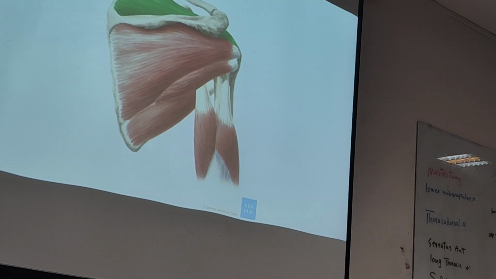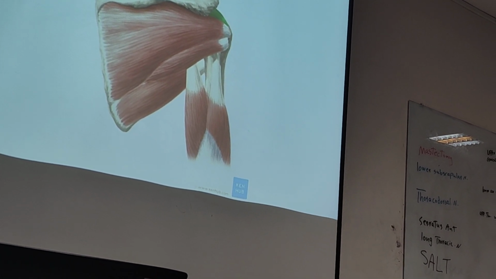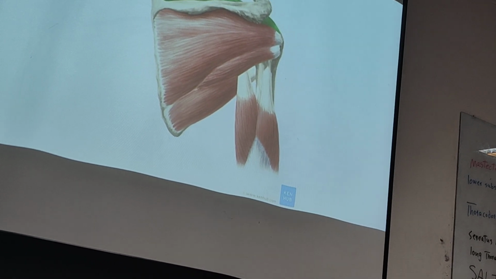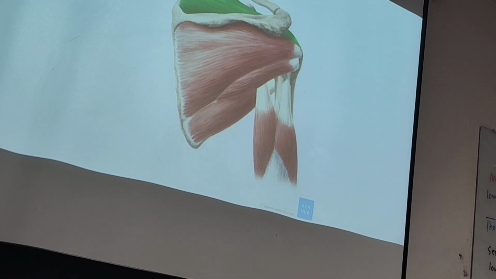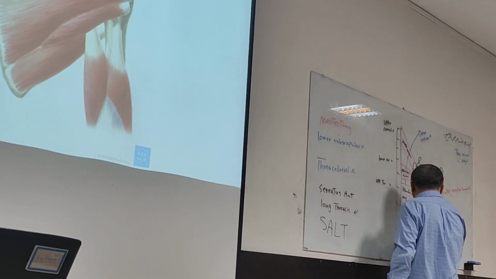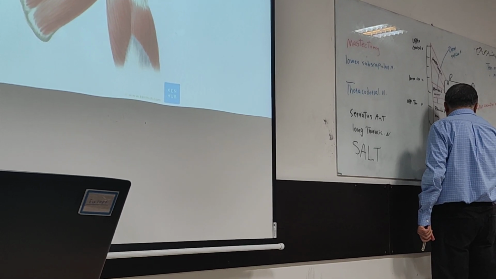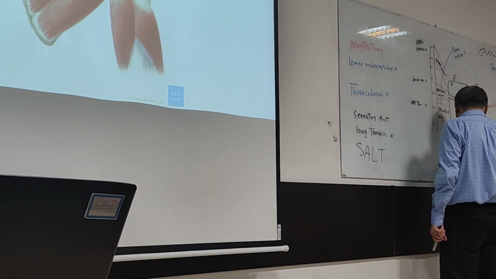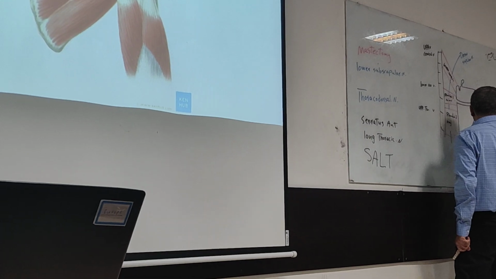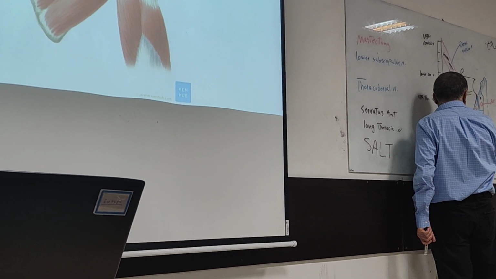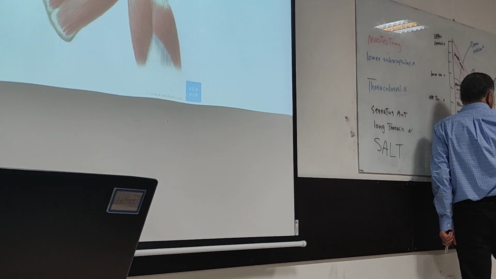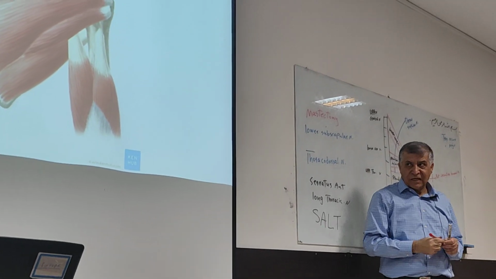Okay. This space contains an artery. This artery is near the scapula. It's called the circumflex scapular artery. The one near the humerus is humeral; this one near the scapula is scapular. Circumflex scapular.